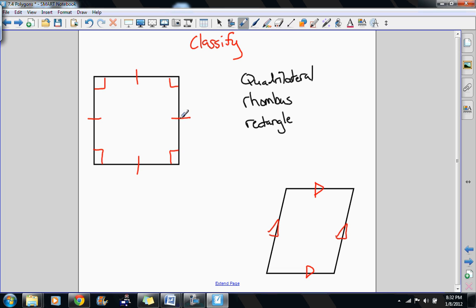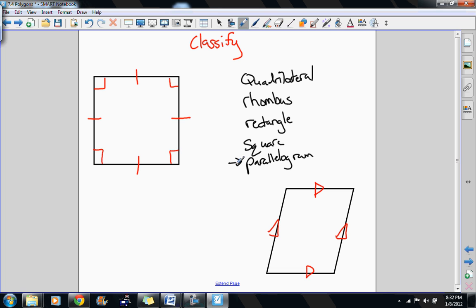And we have the combo of a rhombus and a rectangle, so it's also a square. Now, bonus points if you could have also figured out this also ends up being a parallelogram. Okay, but I wouldn't have expected you to get that one. Okay, just rhombus, rectangle, and square.